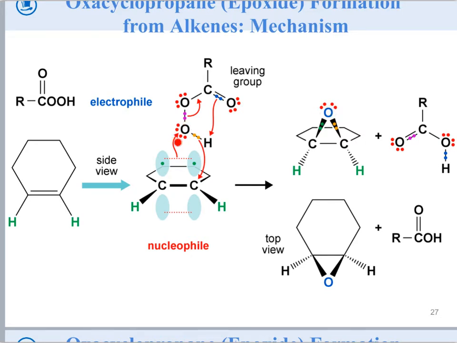You see, there's the blue oxygen that ends up right here. The green electrons form that bond. The purple electrons are now a pi bond. The blue electrons are now forming an OH sigma bond. And the gold electrons are between the oxygen and the carbon right here. This all happens at once. It's a concerted process.